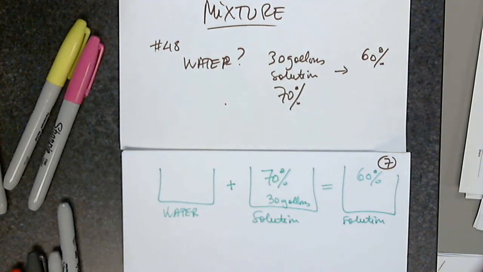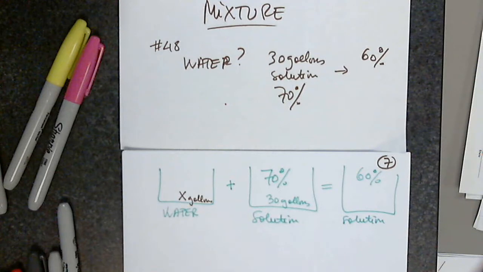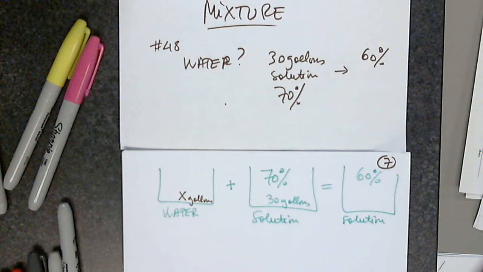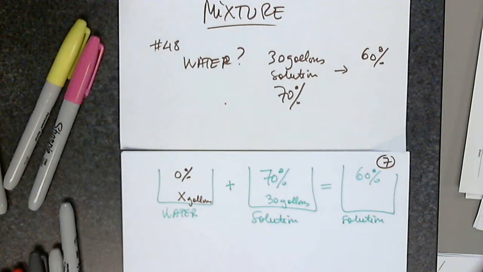Here I have no clue how many gallons. What is the concentration of antifreeze in water? I hope 0, right? Good. So in the first container, I have some gallons of water, I don't know how much. In the second container, I have 30 gallons, concentration 70%.